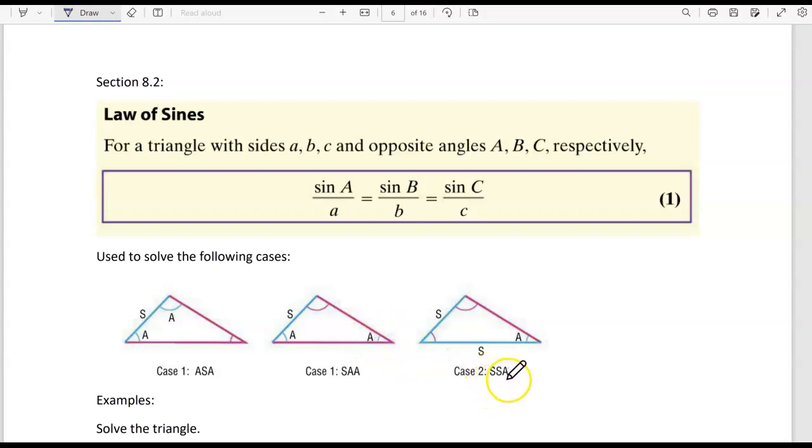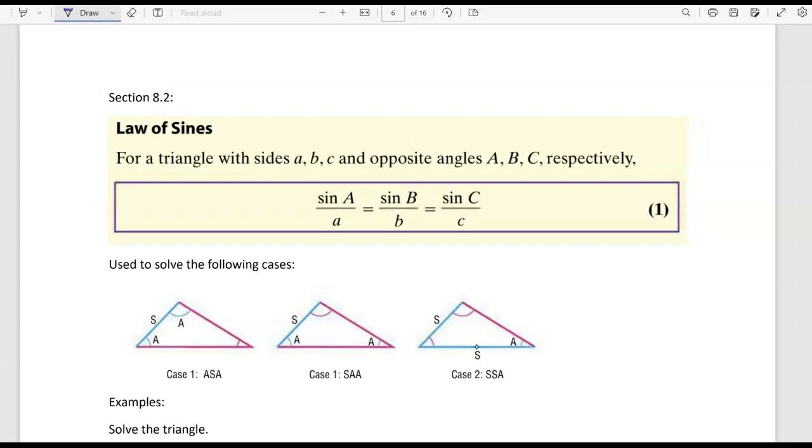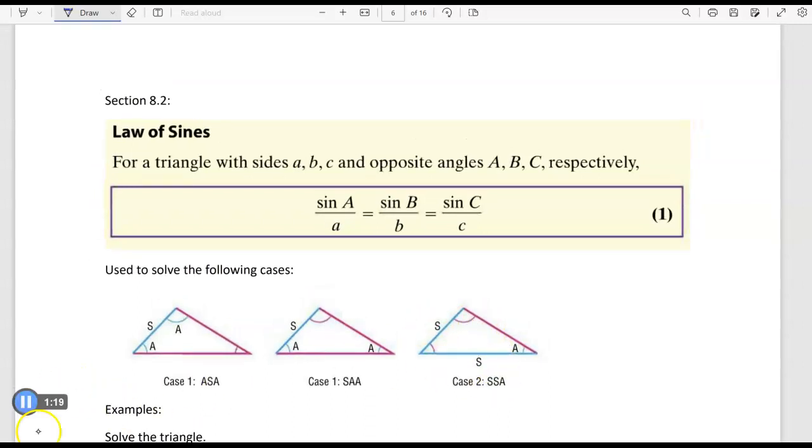Or if you have a side-side angle triangle. So we know this side, and then we know this angle connected to this one. Okay, with the first two, it's pretty easy to do, but with that last one, we have to be careful.